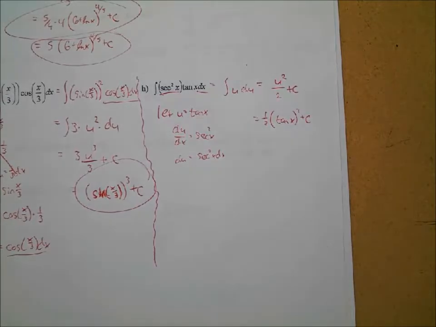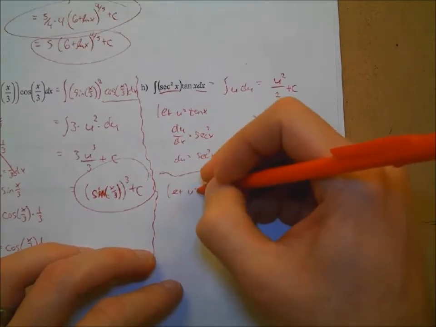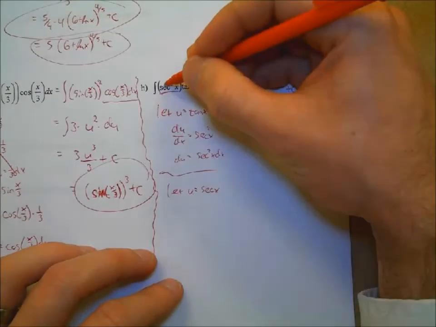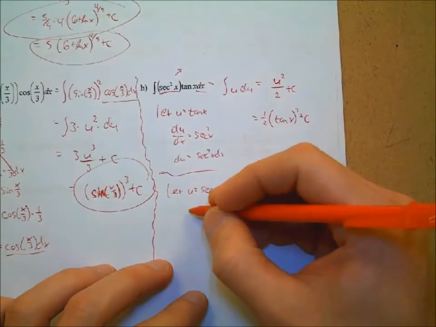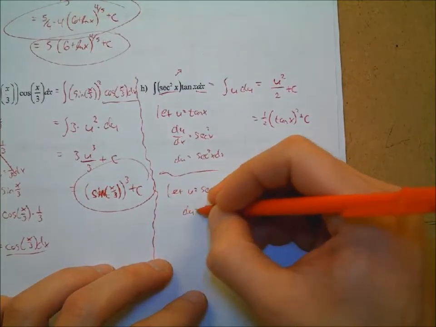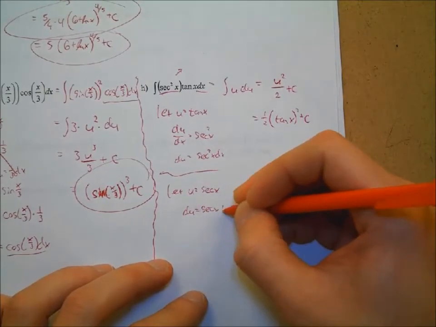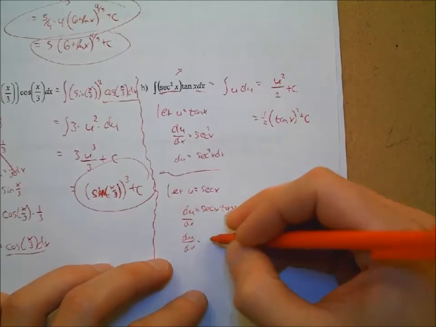Did anyone think of an alternative u here? Yeah, Sarah? U equals secant of x? Aha, so we could, in this case, let u equal secant of x, because isn't secant squared tangent x the same thing? We'll get to that anyway. So let u equal secant of x. Du then is, what's the derivative of secant? Secant x tangent x. And in fact, we would have that as well.